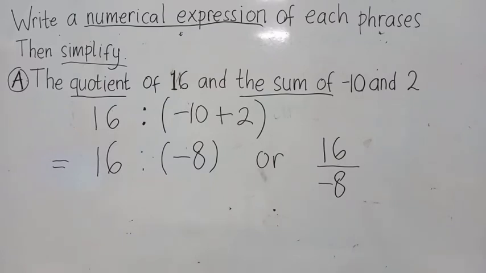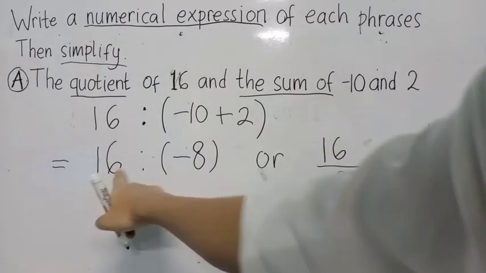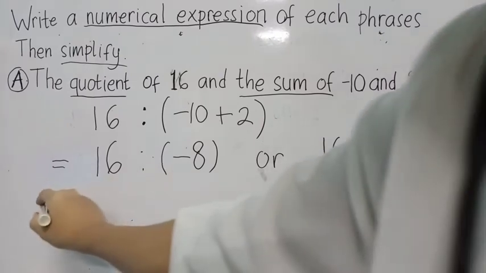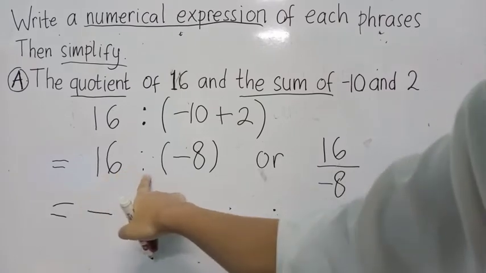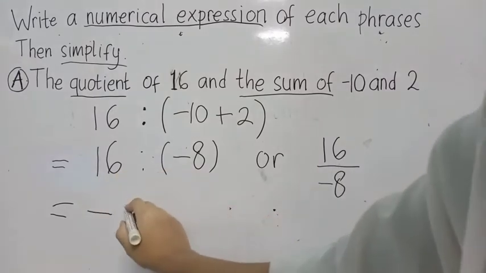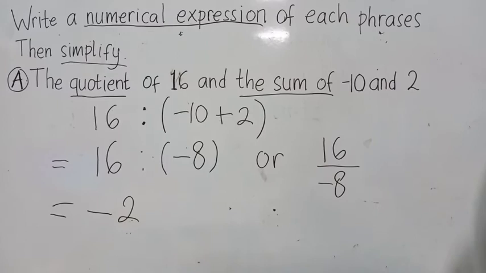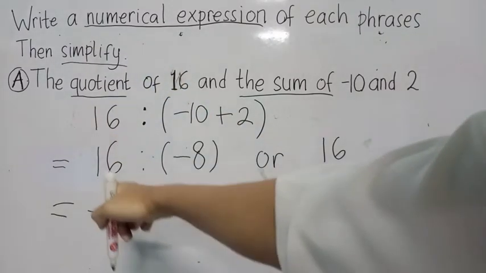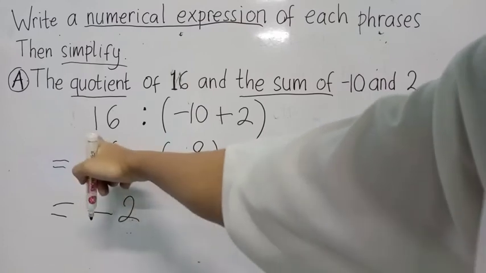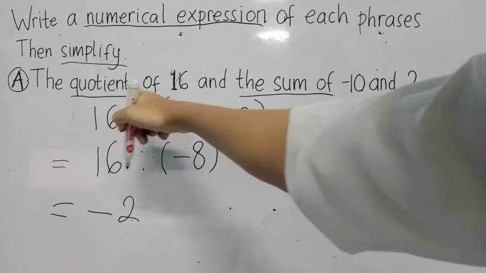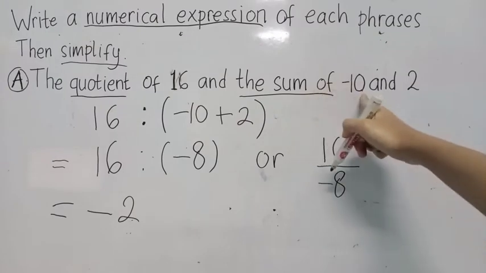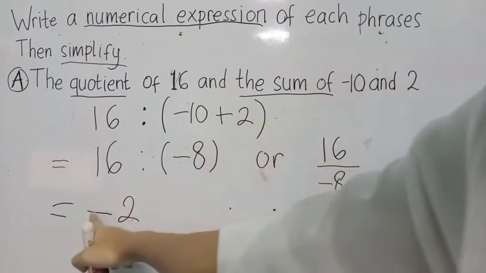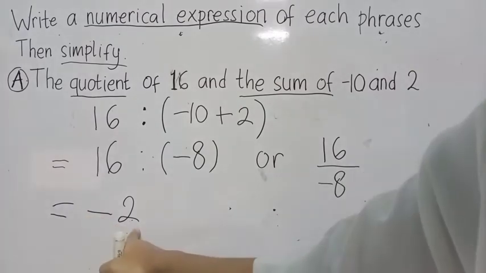Then simplify. Positive divided by negative equals negative. 16 divided by negative 8 equals 2. So, the answer of the quotient of 16 and the sum of negative 10 and 2 equals negative 2.